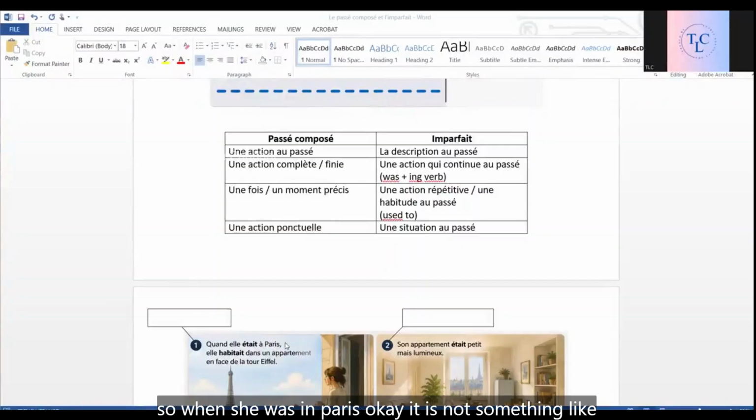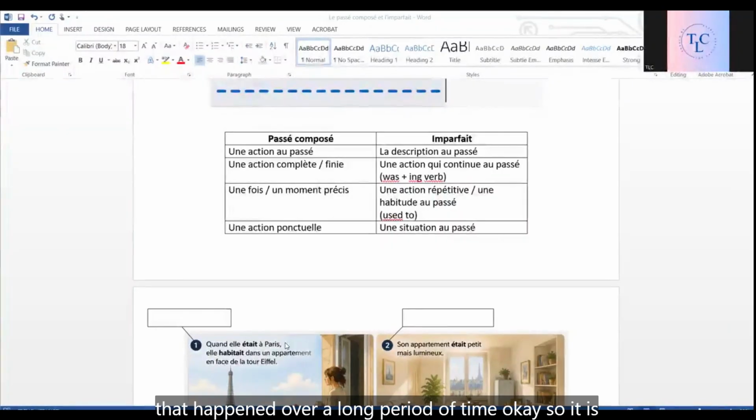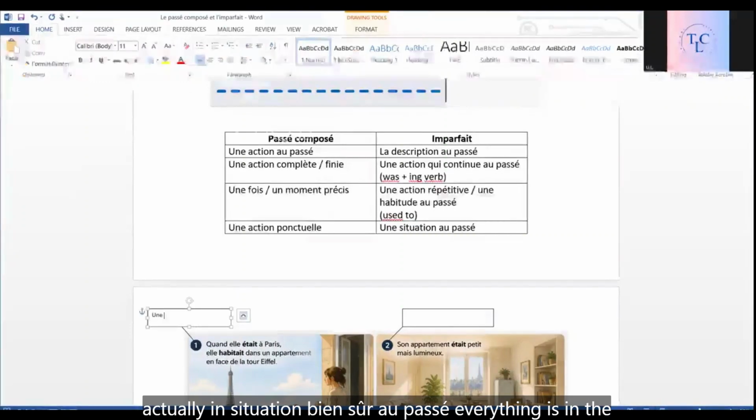So when she was in Paris, okay, it is not something like yesterday, one day. No, it is something that was happening or that happened over a long period of time. Okay, so it is actually une situation. Bien sûr, au passé, everything is in the past tense.